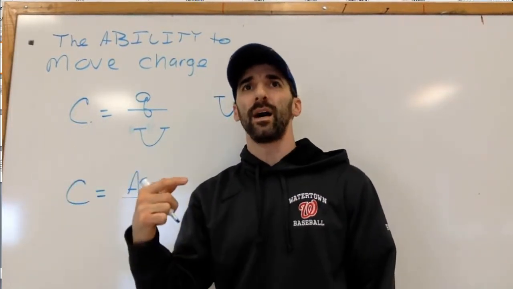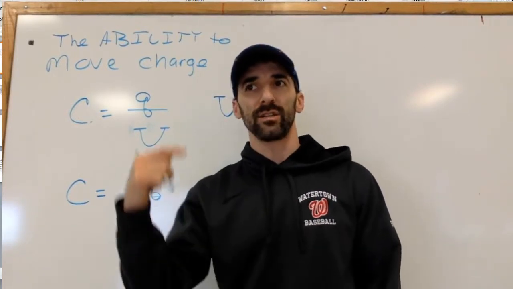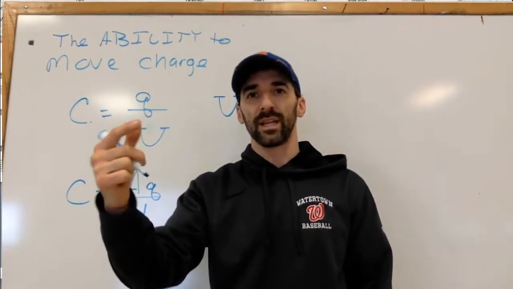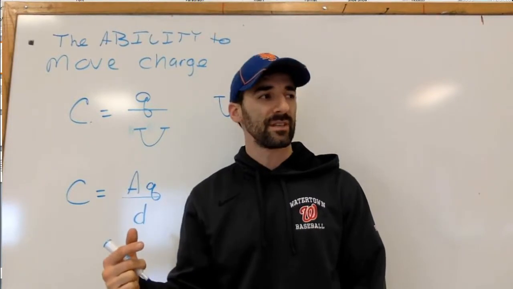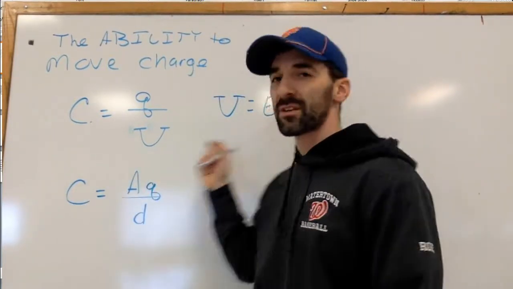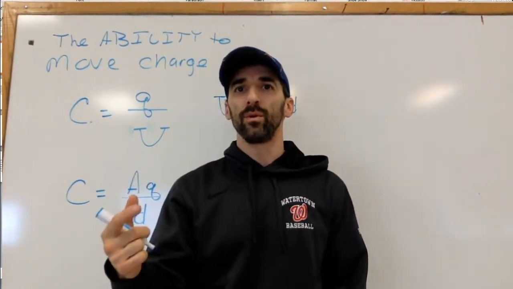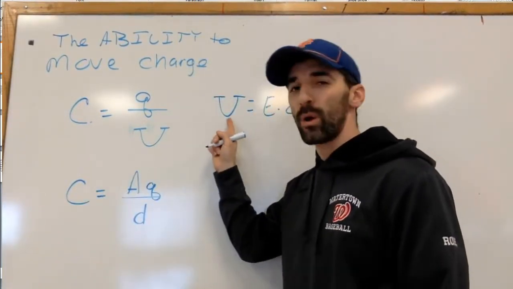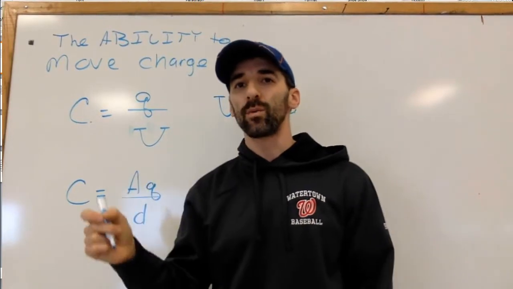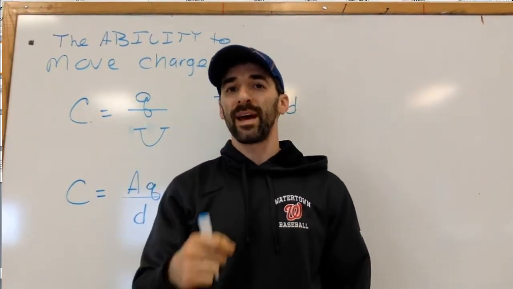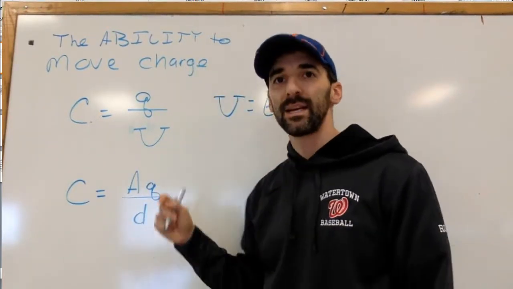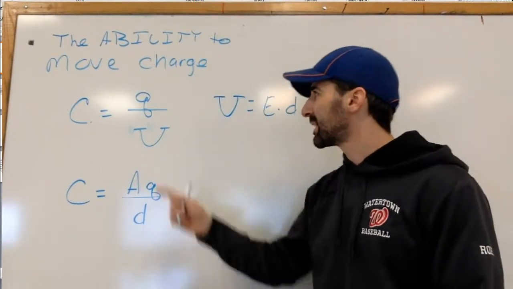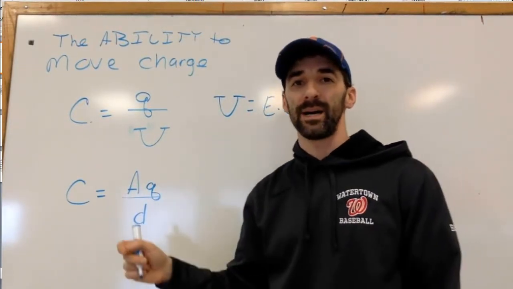If I'm moving positive test charges in the direction of my electric field, or electrons in the opposite direction, either way, the bigger the electric field, the harder it would be to move. Or the smaller the electric field, because the smaller the potential, the easier it would be to store up that charge on my plate, thus increasing the capacitance of my capacitor.